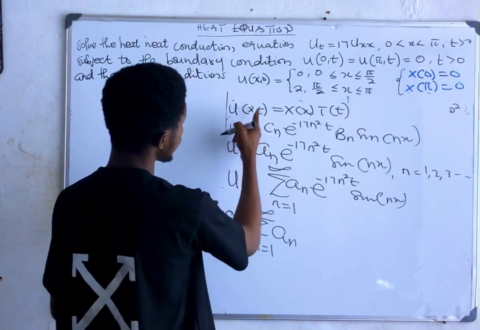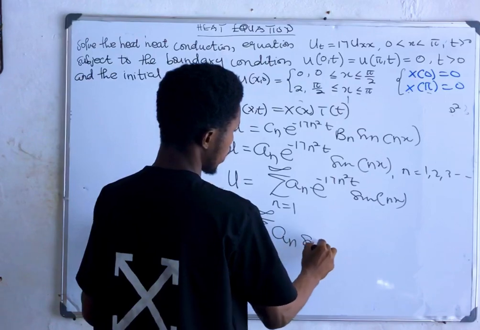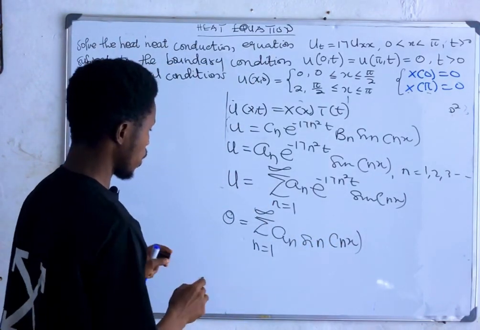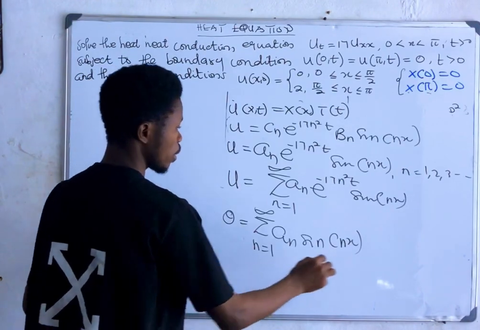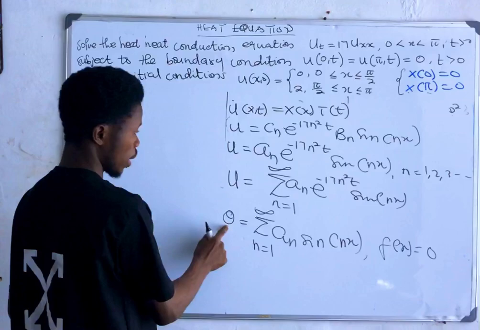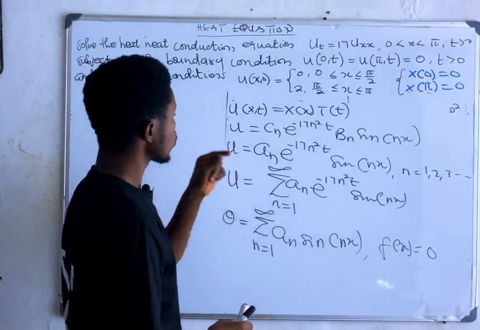T is 0. So here will be 0. So everything here will go to 1, leaving sine nx. Is that okay? This is what you have. This one means that my function f at x will be equal to 0. I told you that at that time. Okay. Then let's also look at the other side.